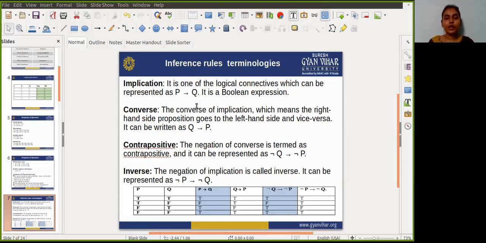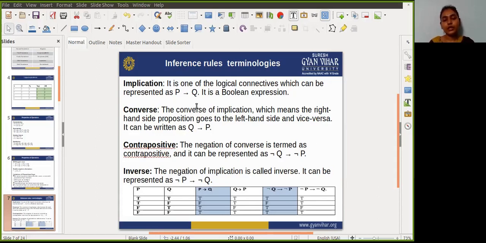And a proof is a sequence of conclusions that lead to the desired goal. In our inference rules, the implication among all the connectives plays an important role. Following are some terminology related to inference rules.